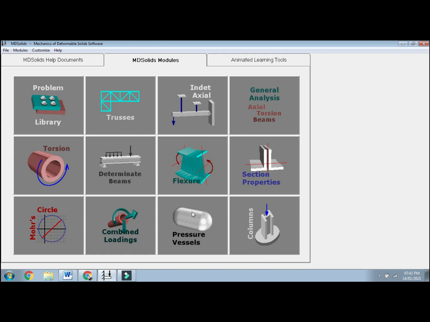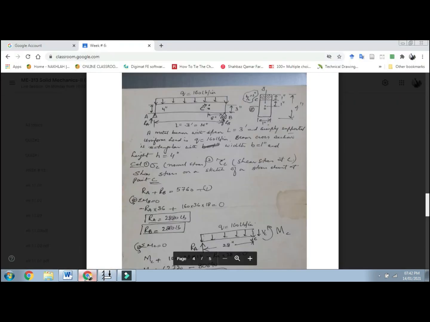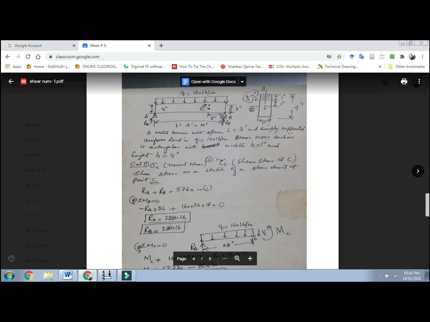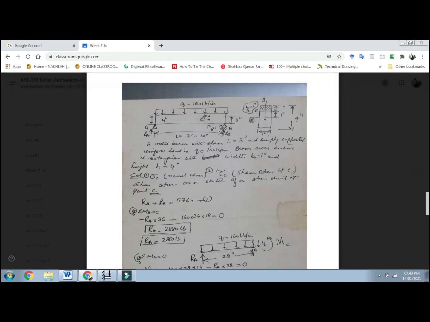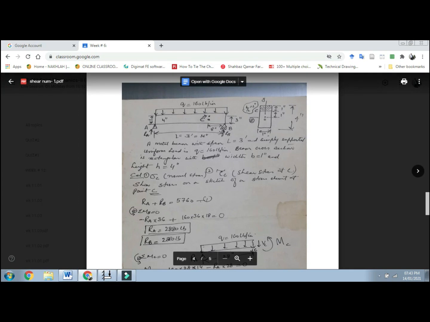So let's start, because if you look at our problem here, it is a beam on which the loading is 160 pounds per inch, and these are the cross sectional dimensions, and this is a simply supported beam. One side is pinned and the other side is roller.